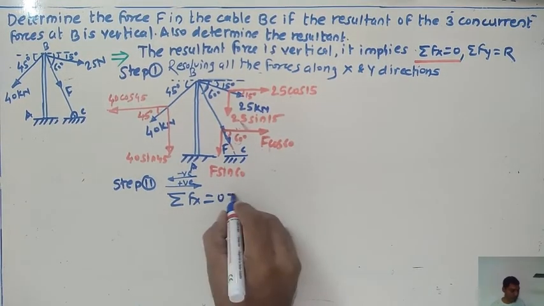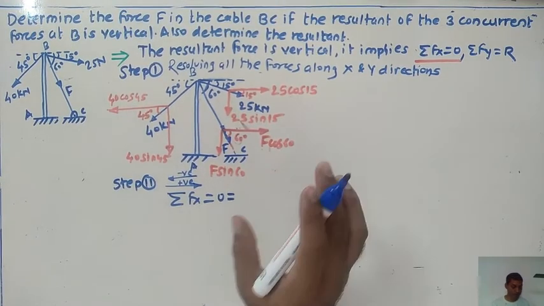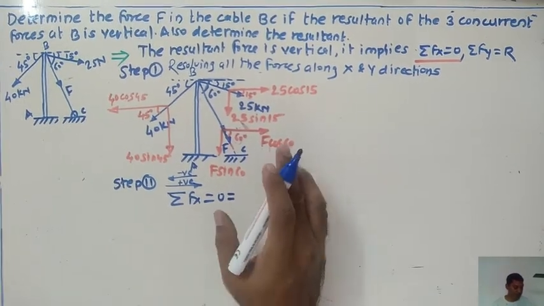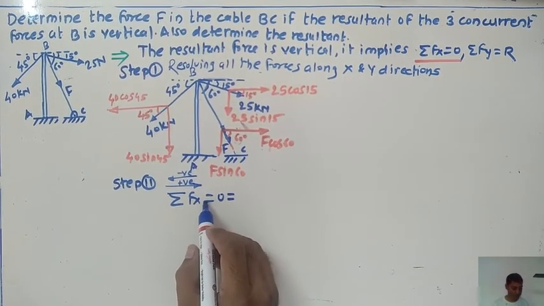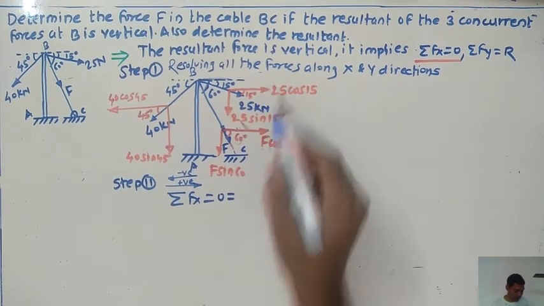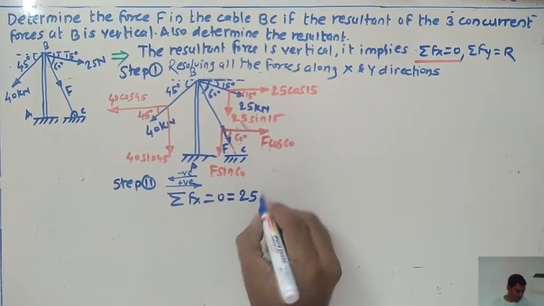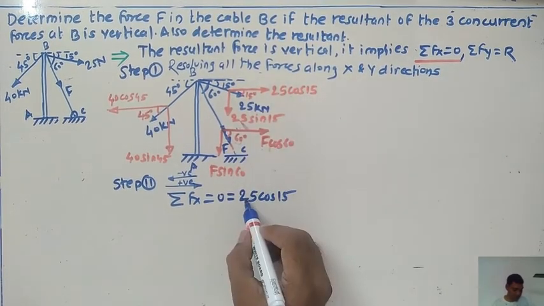Okay, what's about the next one? Just focus only on the horizontal forces, because we are doing here the summation of all the horizontal forces. Okay, so focus on this one. So what's about this? 25 cos of 15, this force running towards the right direction. So consider the positive sign for this one.